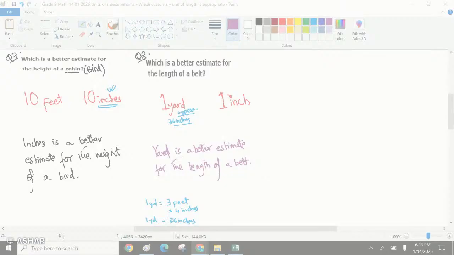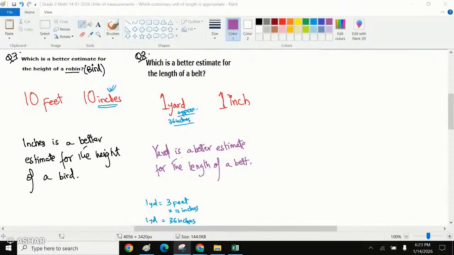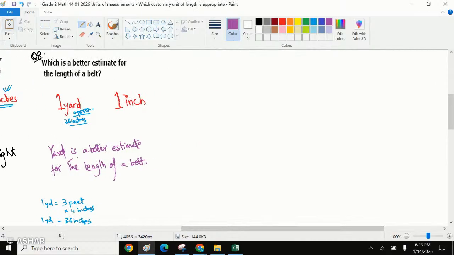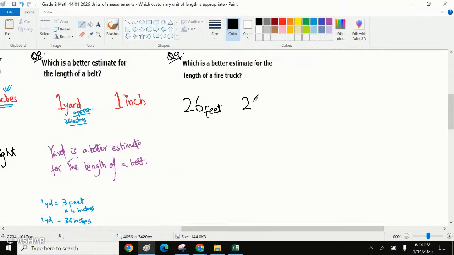If they have given us feet and yards, this is the question given for us, and they're asking the length for a fire truck. They say, 26 feet versus 26 yards.